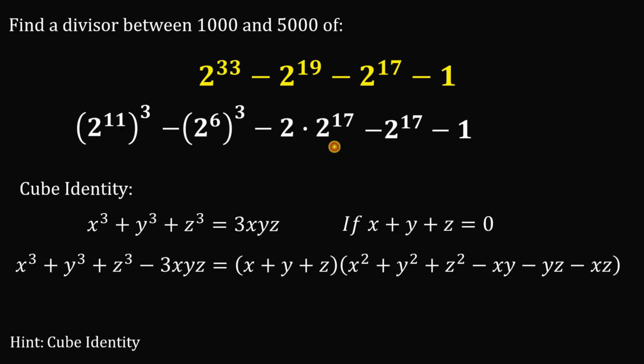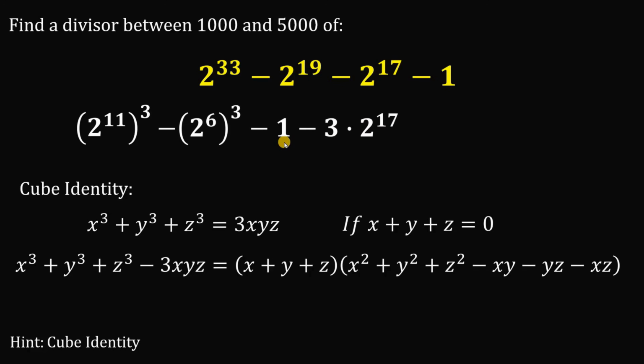Now, if we treat 2 raised to the power of 17 as a variable, we can combine negative 2 times 2 raised to the power of 17 minus 2 times 2 raised to the power of 17. This will give us negative 3 times 2 raised to the power of 17. And then minus 1.